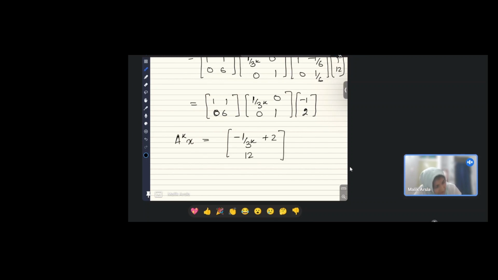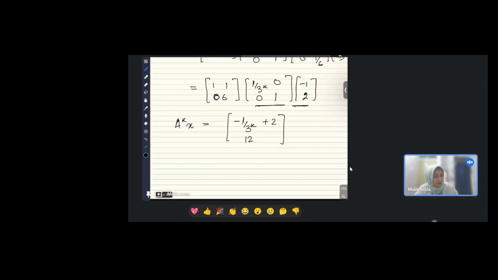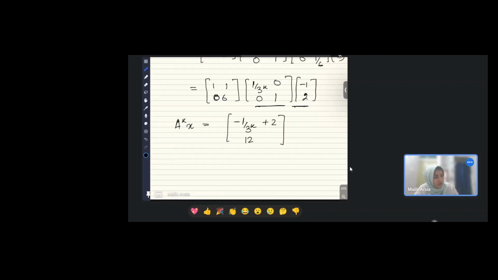You can multiply this matrix and this matrix first and then with this, or whichever way you like, because it's associative. You'll multiply this vector with this matrix first, then the resultant vector with this matrix.